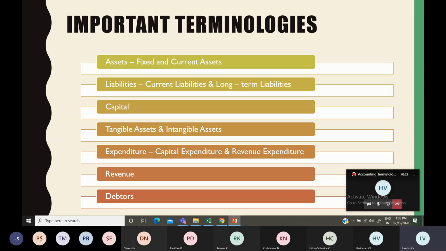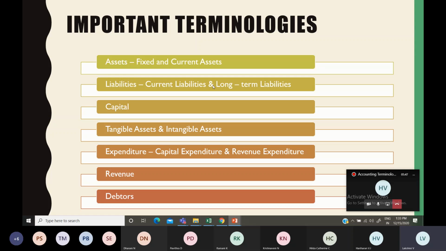Assets can be classified into fixed and current assets. What is meant by a fixed asset? A fixed asset is one which I am purchasing right now, like plant and machinery or land and building. I am purchasing it now, but its benefit will be given for the future, say for 5 years or 10 years.